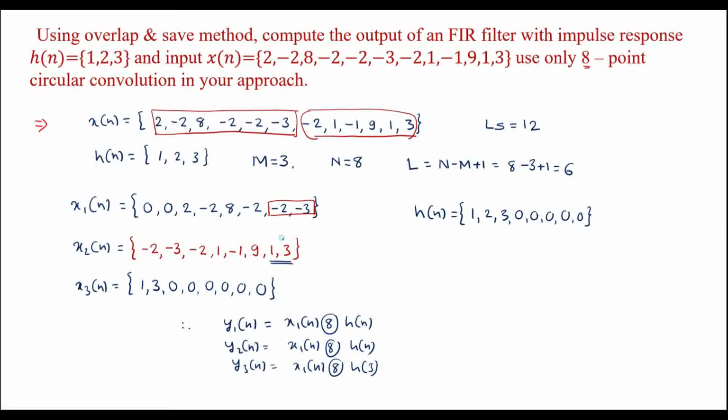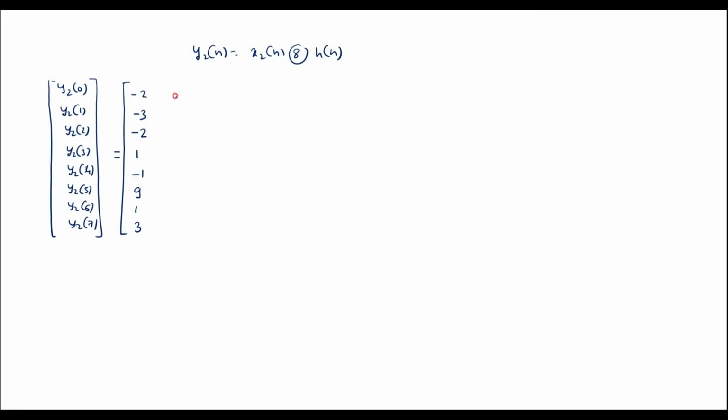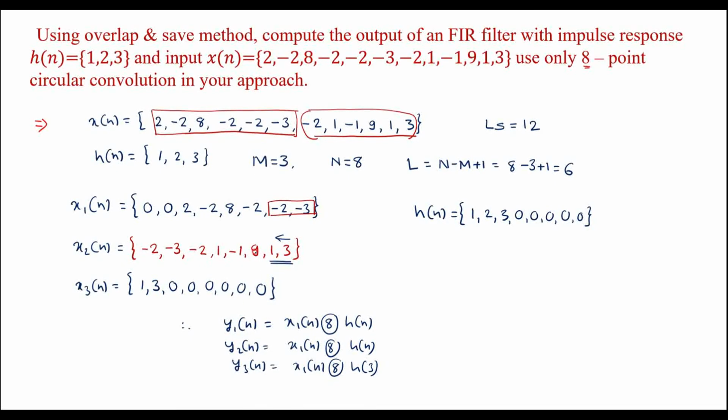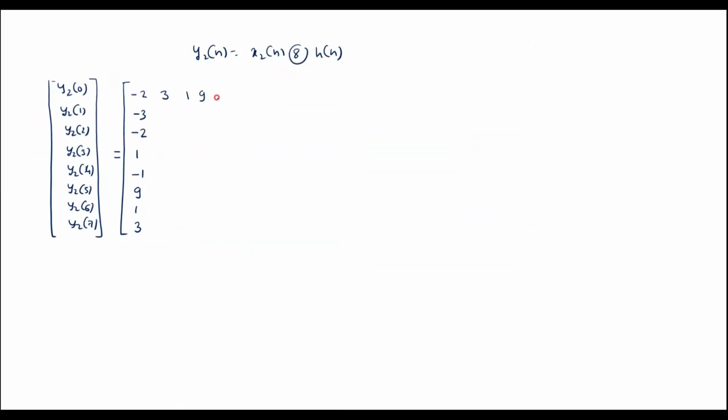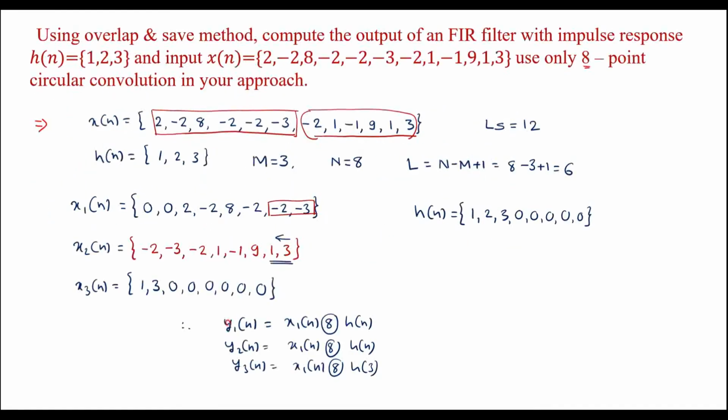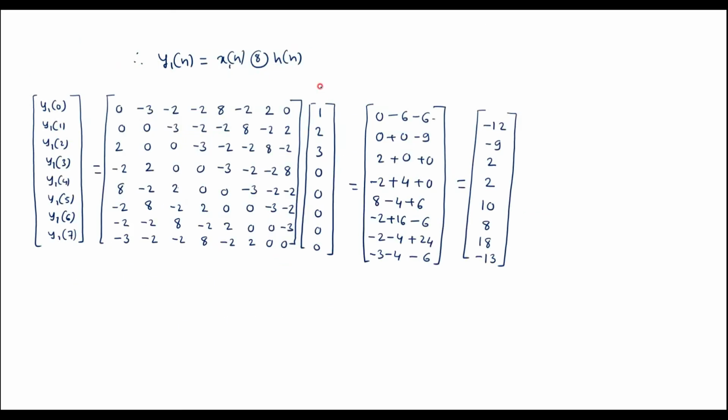That is 3, 1, 9, minus 1, 1, minus 2, minus 3. 3, 1, 9. Then we have minus 1, 1, minus 2. Then we have minus 3.